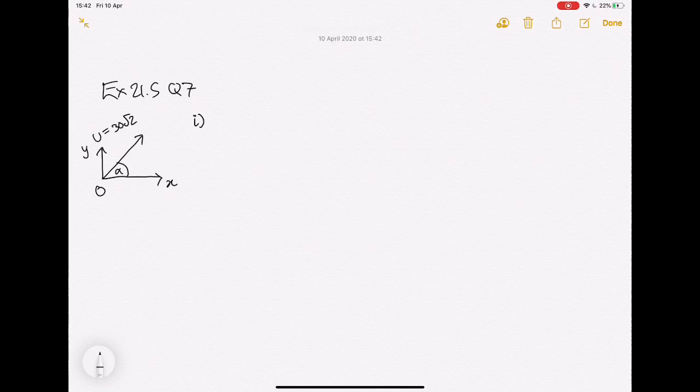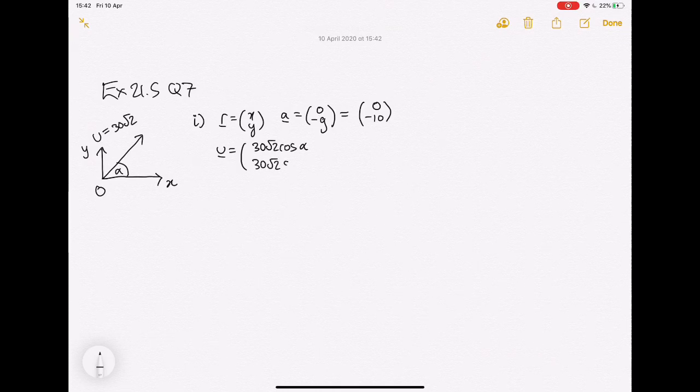So at a given time t, what do we know? The displacement at a given time t is (x, y). The acceleration is constant, it is (0, -g), but in this case we are told that we can use g equals 10, so (0, -10), and we know that the initial velocity is (30 root 2 cos alpha, 30 root 2 sin alpha).